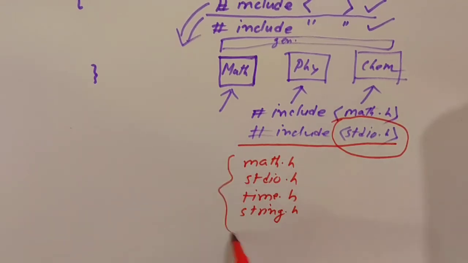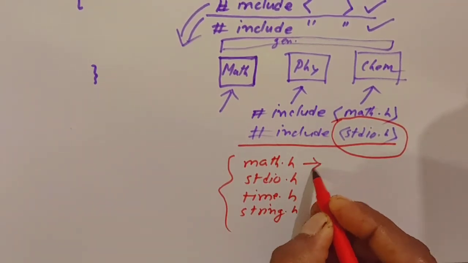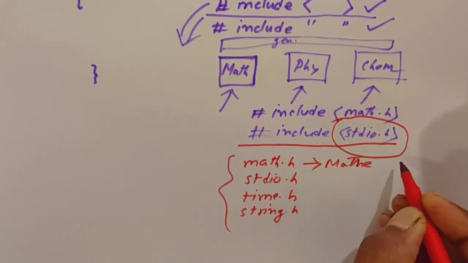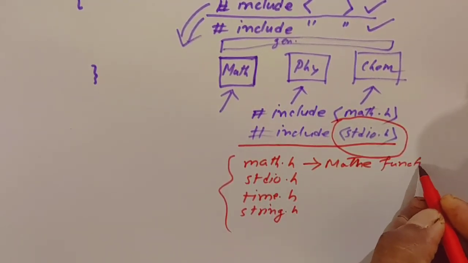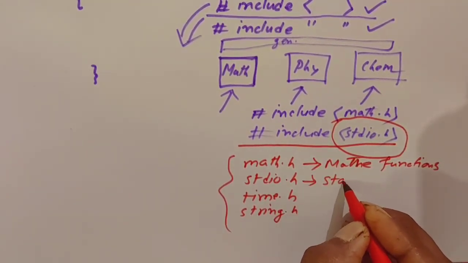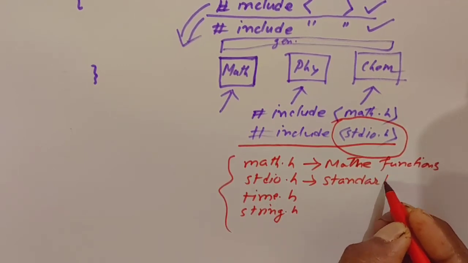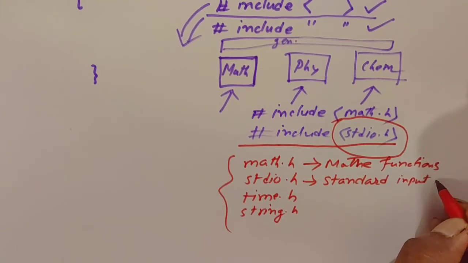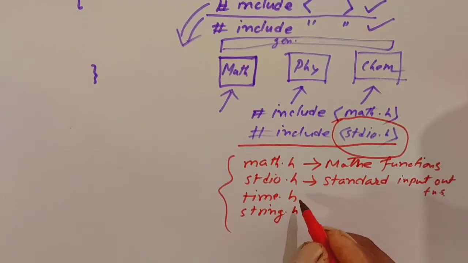Basically these four libraries are most important for your analysis, where math.h is based on the math functions, stdio.h is for standard input output functions, and time.h is the time functions.